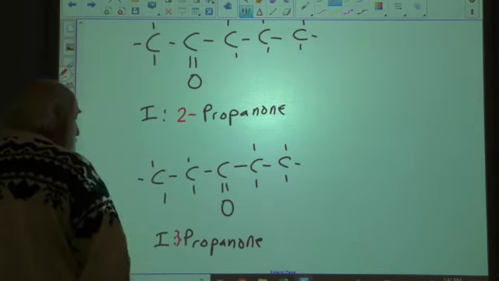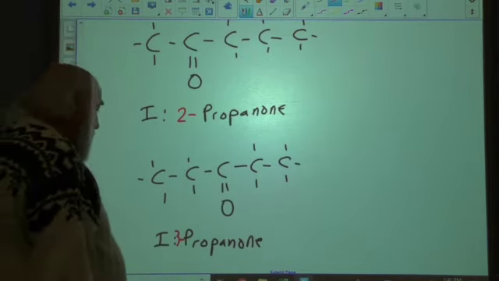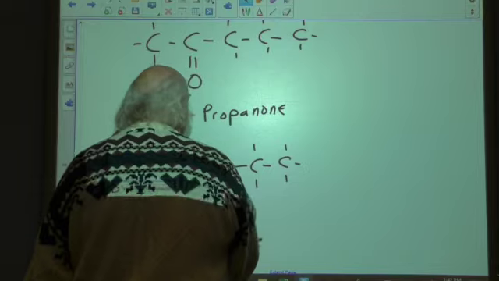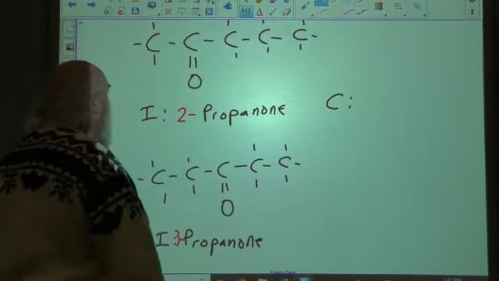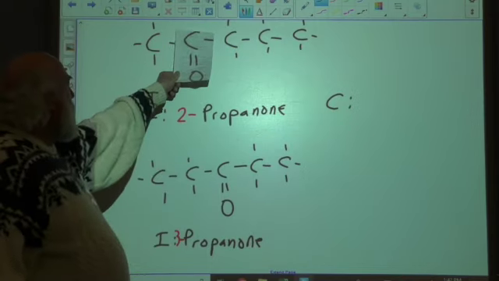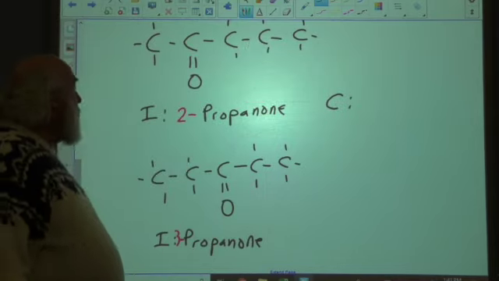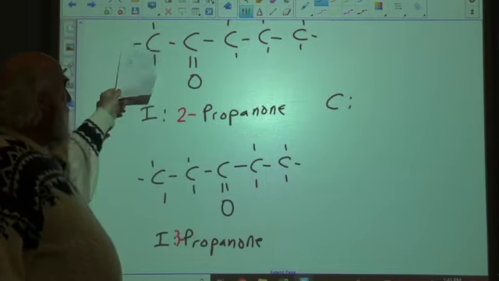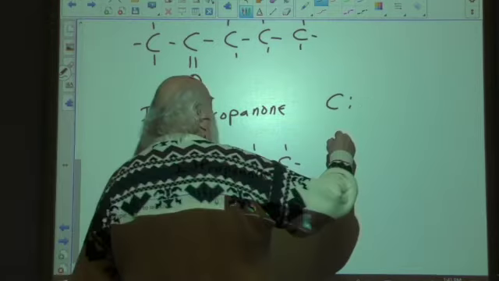So that's 3-pentanone. Common names. Common name for this? Well, there is your functional group right there. So what you have separated here is a methyl group here and a propyl group there. So that is methyl propyl, alphabetical, ketone. Methyl propyl ketone.